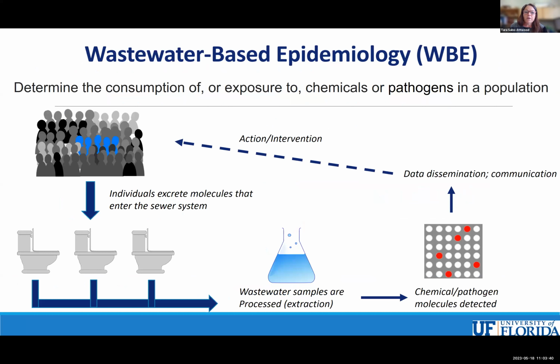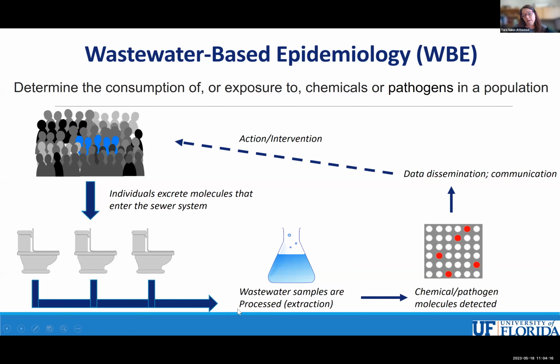So to start with, wastewater-based epidemiology is really a framework, and it works in the following way. It's meant to determine the consumption of or exposure to chemicals or pathogens, whatever your target is of choice, in a given and defined population. So the way that it works is as follows. You have a community of individuals, and those individuals are going to excrete molecules that then enter into a sewer network.